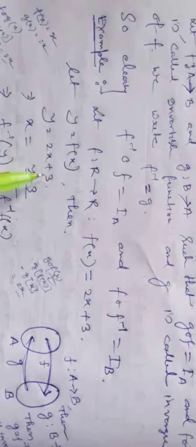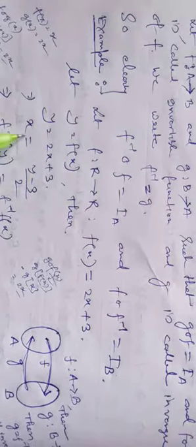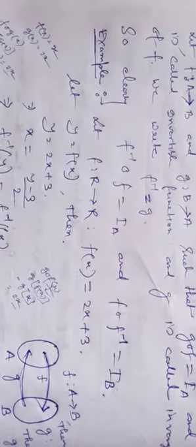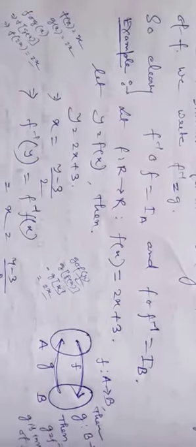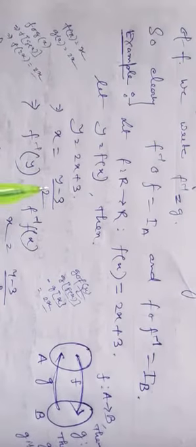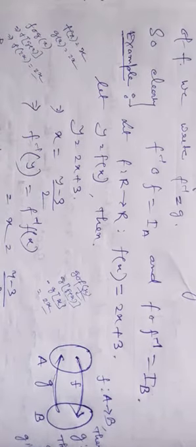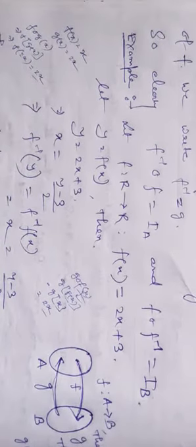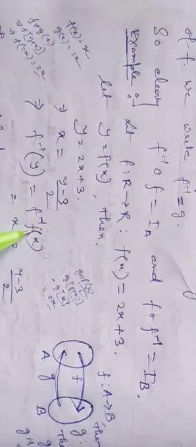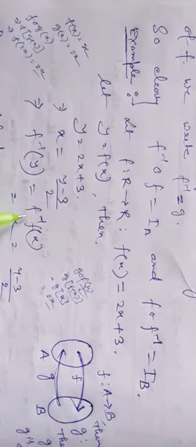Then y is equal to 2x plus 3. From here we can compute x is equal to (y minus 3) by 2. Now if we find f inverse of y, that is equal to f inverse of f(x), because the value of y is equal to f(x).